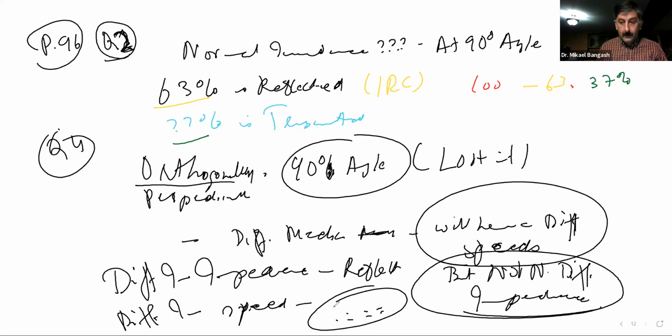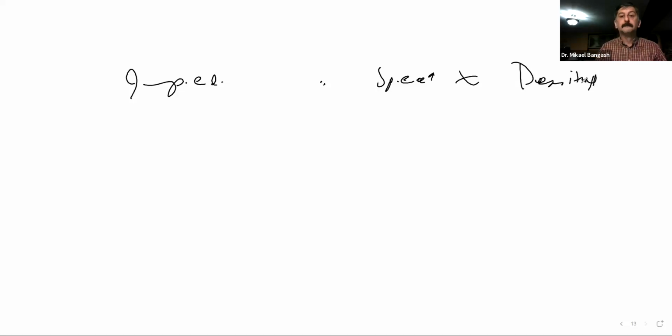Now, some of you may say, but Mike, is impedance dependent upon speed? That's okay, but that speed is multiplied by density. You can say mathematically, density times speed becomes impedance.